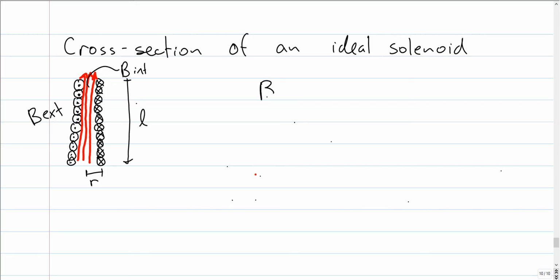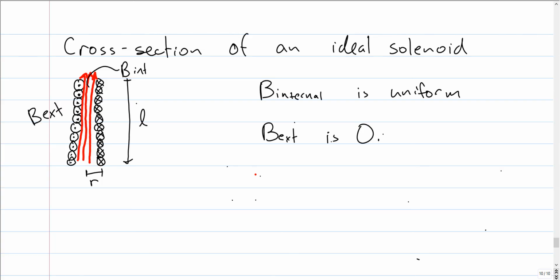And for an ideal solenoid, again, this is not necessarily perfectly true for a real world solenoid, but is our ideal version of one. We're going to have an internal magnetic field that's uniform, and the external magnetic field is going to be equal to 0, or very, very small, that we basically treat it as 0.